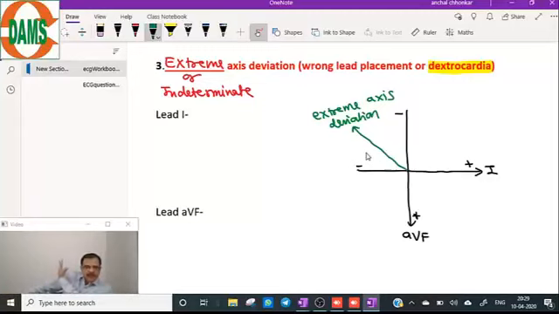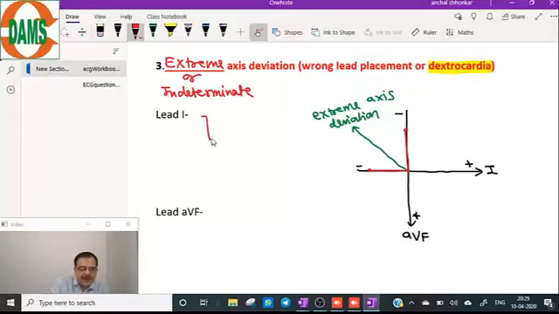Posteriorly placed, so it will take the depolarization towards the right shoulder. Anatomically you can see this is the right shoulder side. So for the extreme axis deviation, lead 1 QRS should be negative and AVF will also be negative.